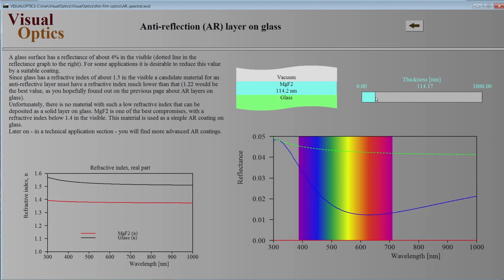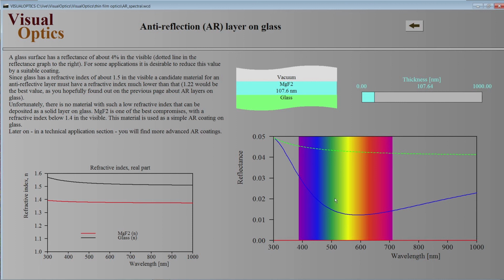I will just show you the best that you can have with a traditional magnesium fluoride layer. If you take about 100 nanometers of this material, which has a refractive index below 1.4, but it's still too high for perfect anti-reflection, magnesium fluoride has been used for a long time as anti-reflection layer.